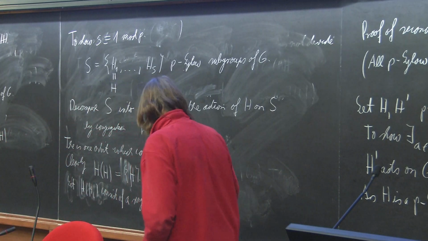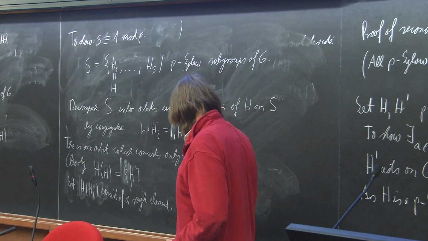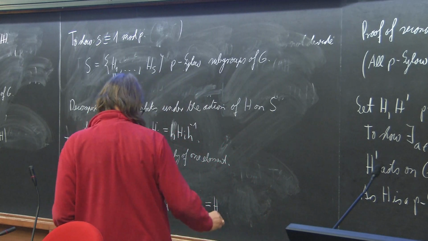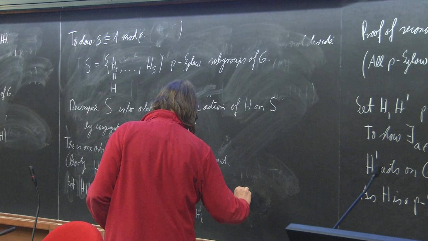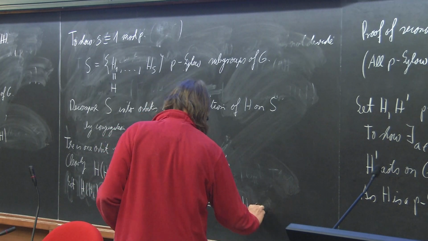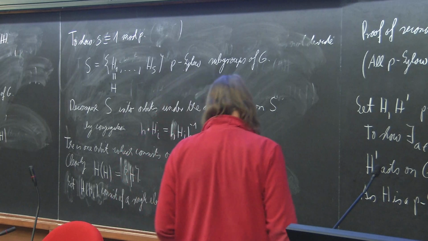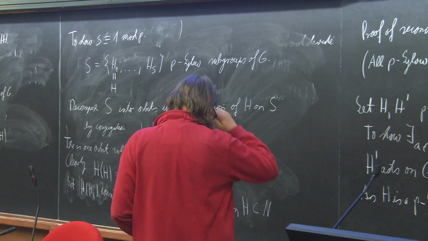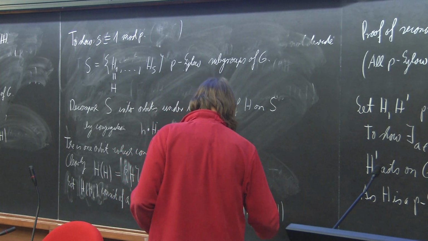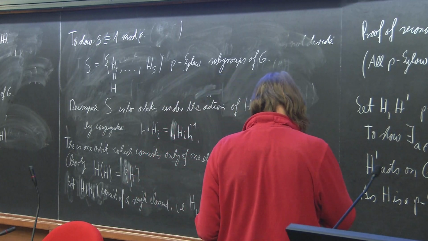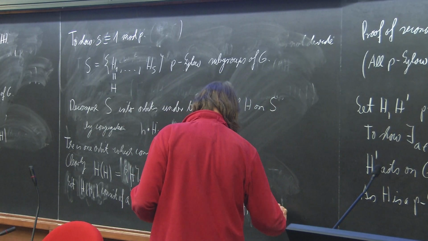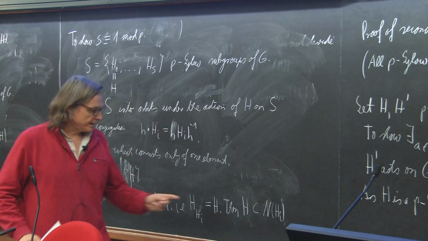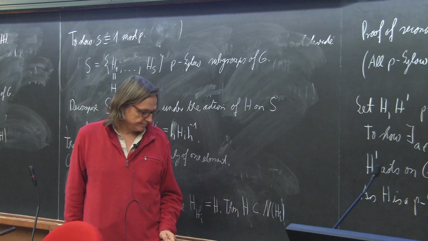So this stabilizer is equal to the whole of H if and only if H is contained in the normalizer of Hi in G. So H is a subgroup in the normalizer of Hi.